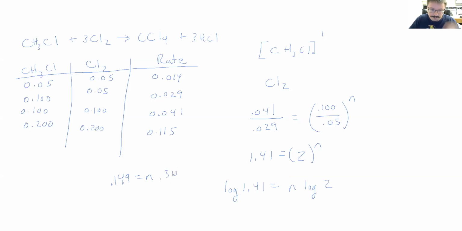So now if I want N, I'm going to divide this side by that. So in this case, N is equal to 1/2, or the square root. So our reaction order for the Cl2 would be 1/2. And that's possible.